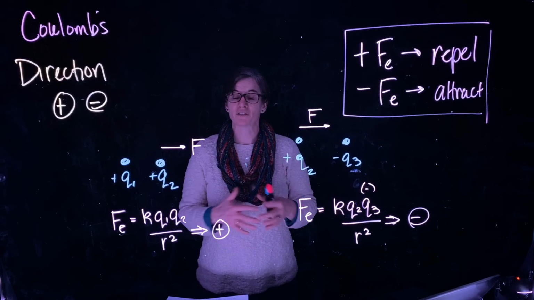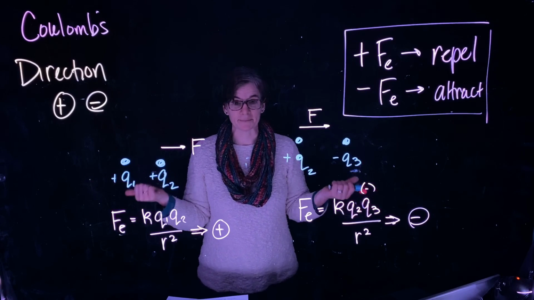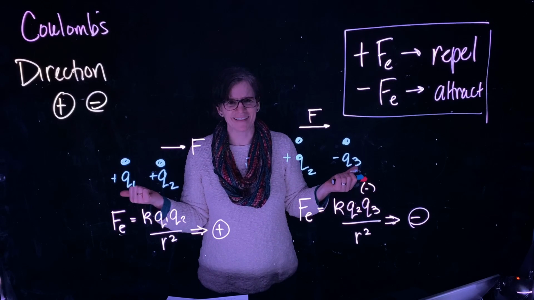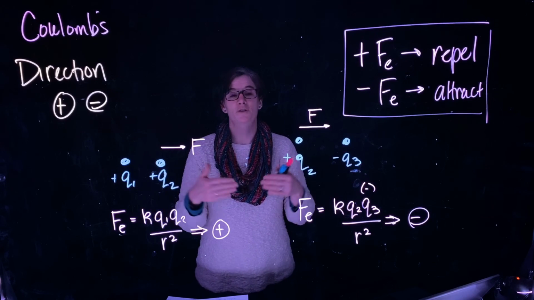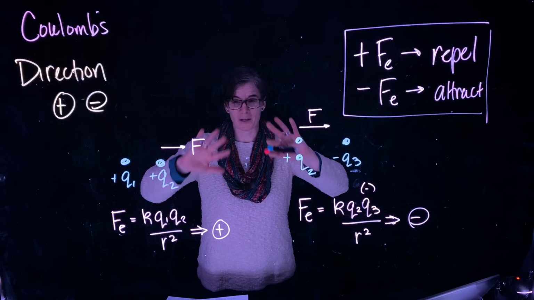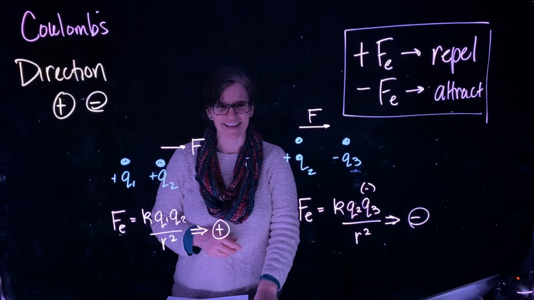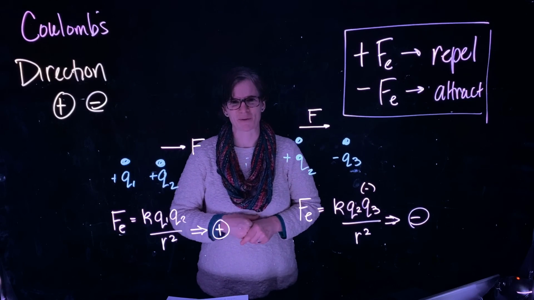For the direction, if the force calculated is positive, that means the two objects are repelling, the same sign. If the force is negative, it means they're attracting. And then when I want to do analysis of that force, I use that information to design my picture, draw my free body diagrams, and I'm all set with using Coulomb's law to look at forces.